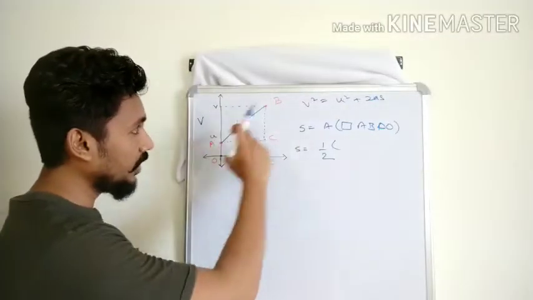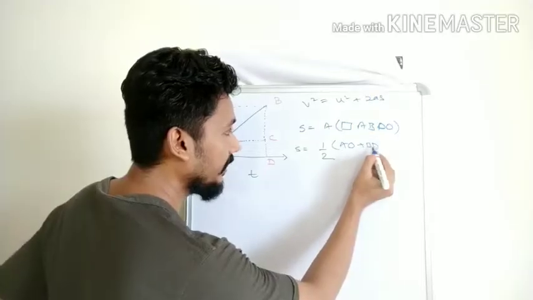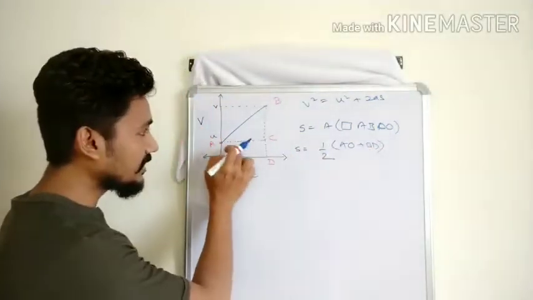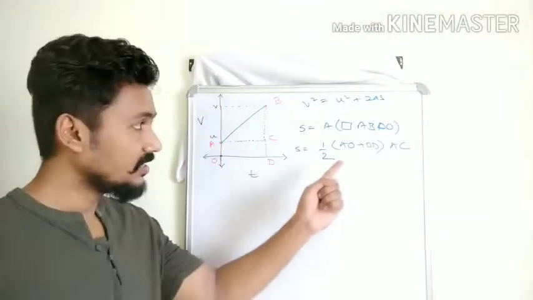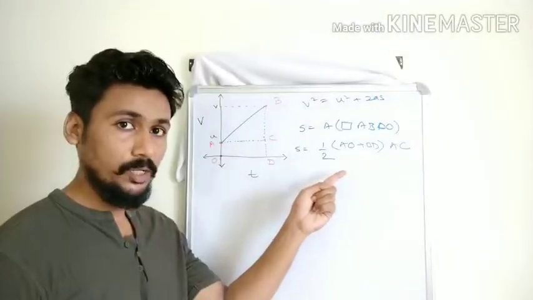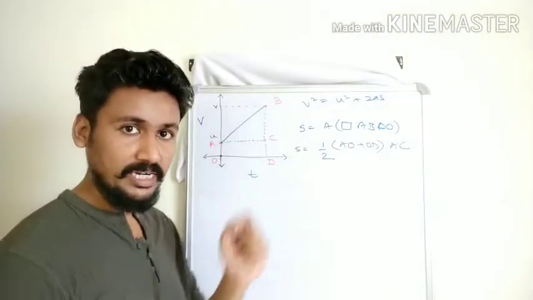Which are the parallel sides? AO and BD. So AO plus BD, and multiplied by the distance. How much is the distance? Distance is AC. If this formula is confusing or you are not able to remember, you can check any old math textbook or notebook. This is the formula for the area of a trapezium.